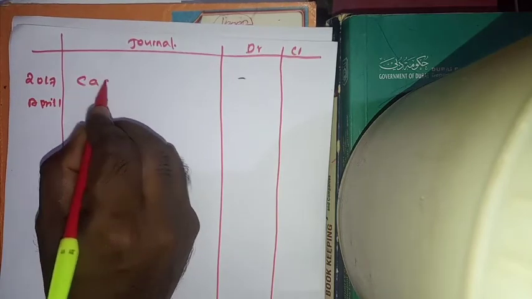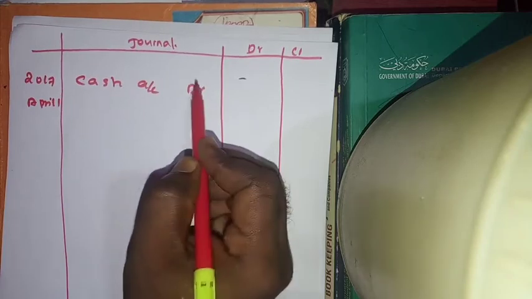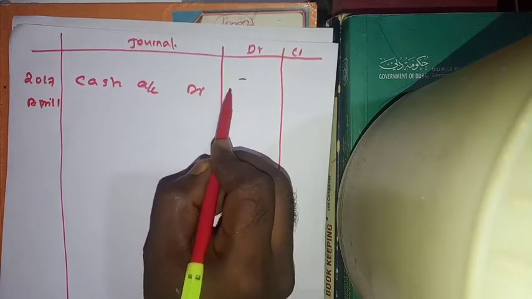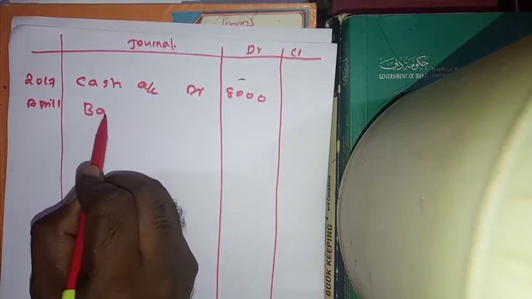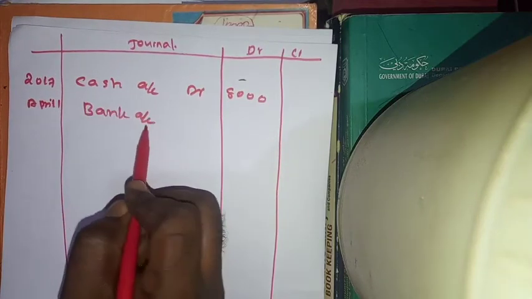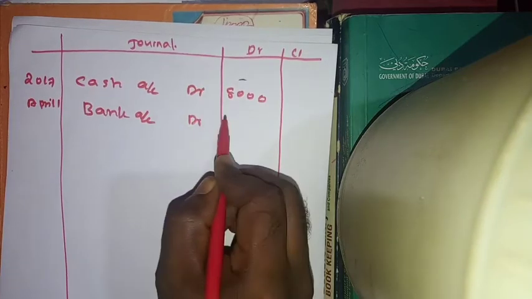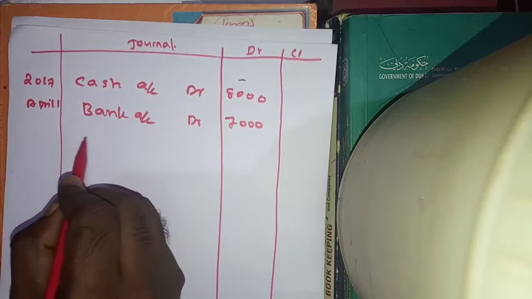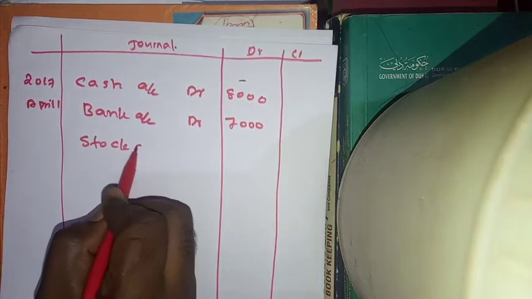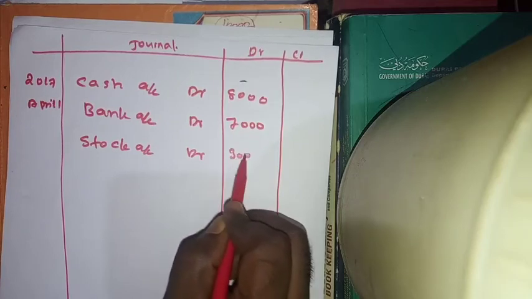Cash account debit, the amount is 8,000. Bank account debit, bank is also a current asset, all the assets are debit, the amount is 7,000. Then stock account debit, the amount is 30,000.